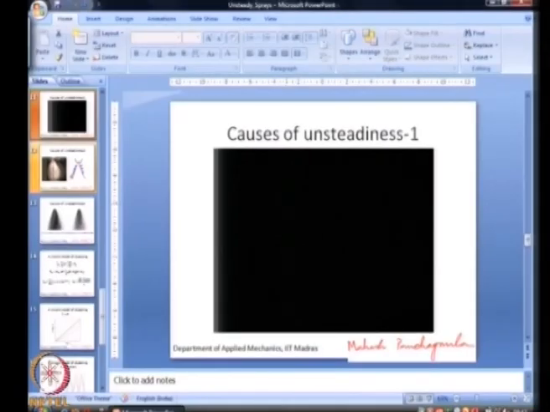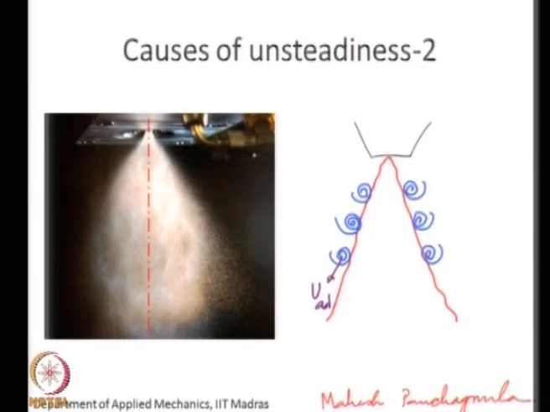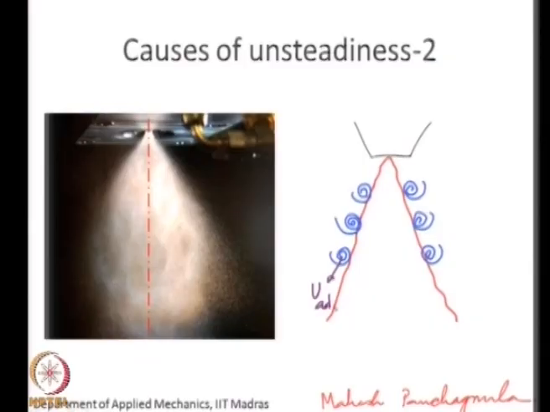The second cause of unsteadiness is what we want to discuss in some detail today, and that has to do with particle vortex interaction. So, if I take a typical spray like I have shown in a cartoon here, on the edge of this spray, we have essentially air that is outside being entrained in.